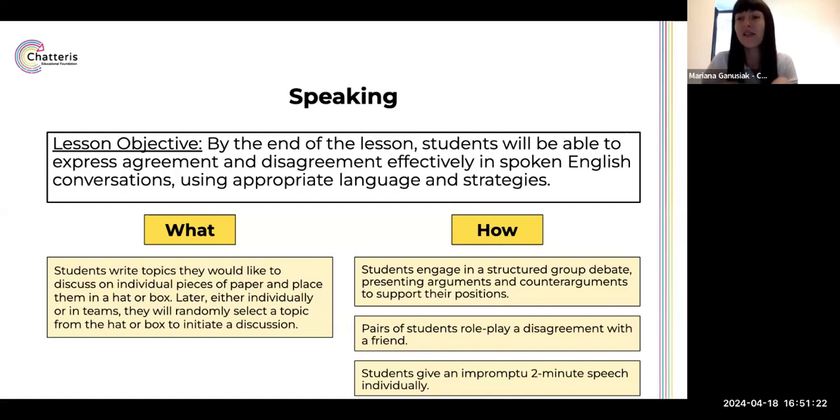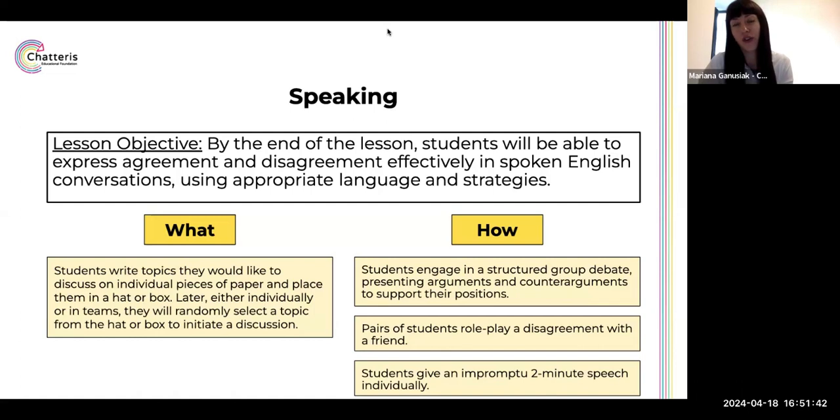So that way, it's still student-led. You are still giving student autonomy, but you are adding this level of excitement because they don't know what topic they will have to discuss for the main activity.